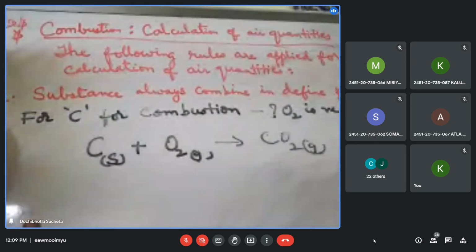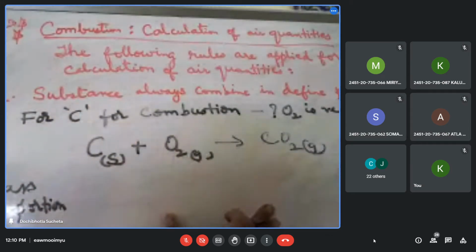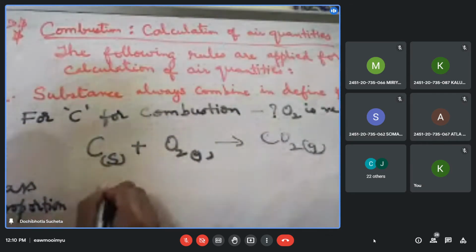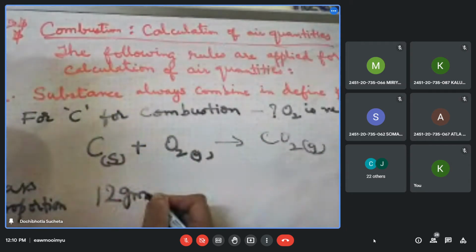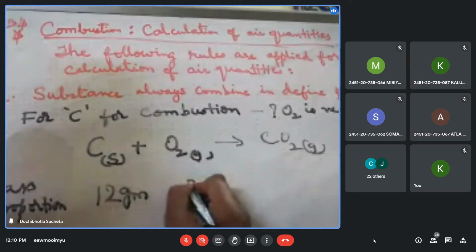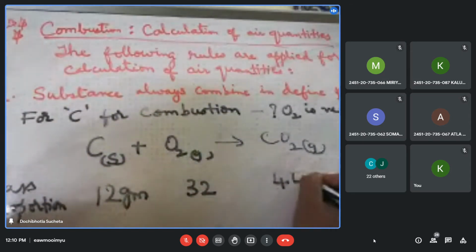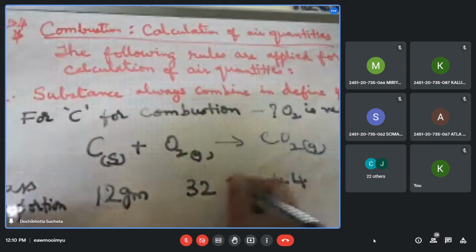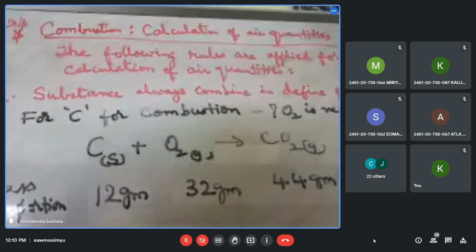So when I consider the mass proportions, what I can get will be important for the numericals. 12 grams of carbon will react with 32 grams of oxygen to form 44 grams or kgs of carbon dioxide.